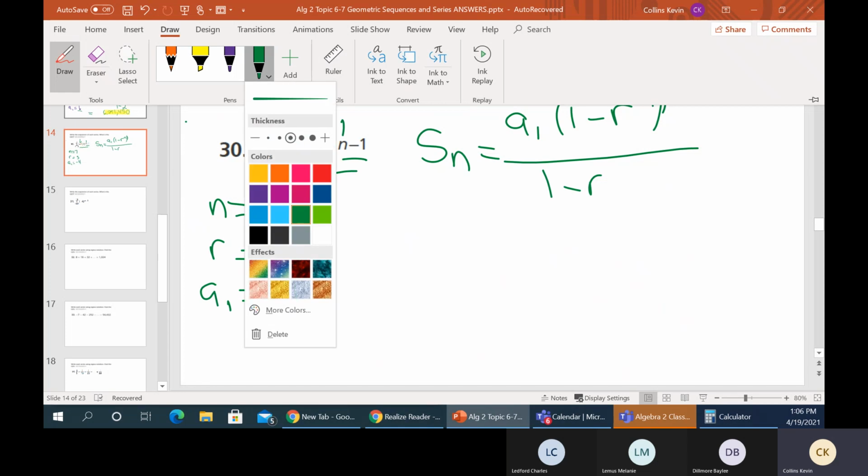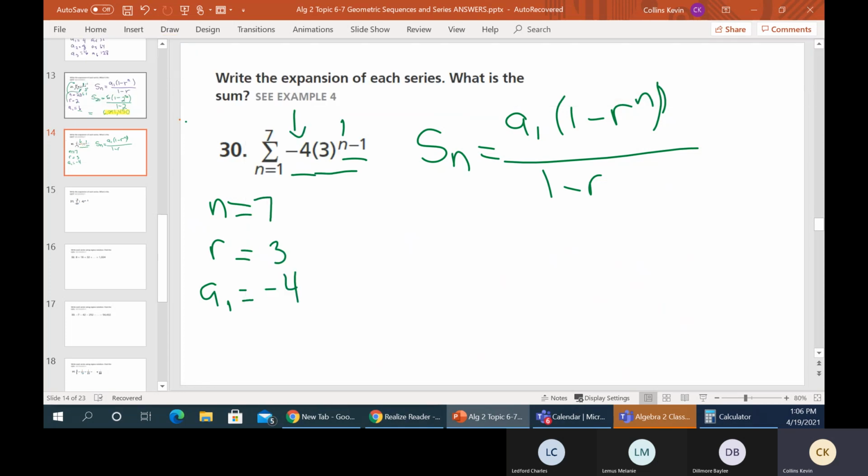All right, a little color change. So this will be S of 7 equals the A1 sauce, which is -4. And we got 1 minus 3 to the 7th power, which will still probably be pretty wicked big. Wicked big, of course, is a technical term.